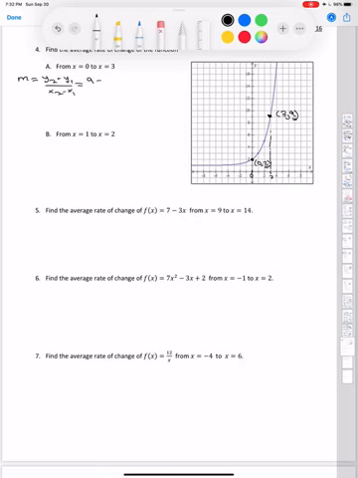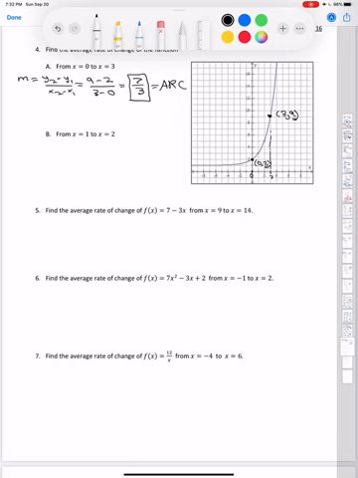So we got 9 minus 2 divided by 3 minus 0. As we simplify, we get 7 over 3. So here's our average rate of change. There's the average rate of change. So average rate of change is the slope of the line passing through those 2 points.